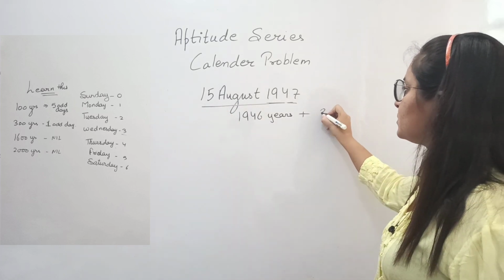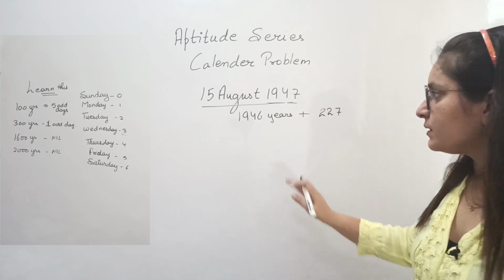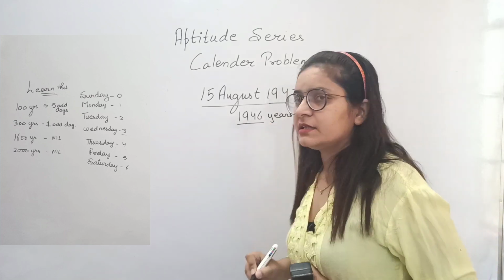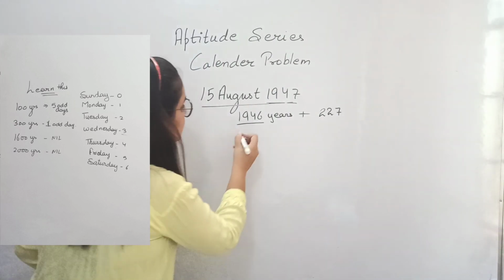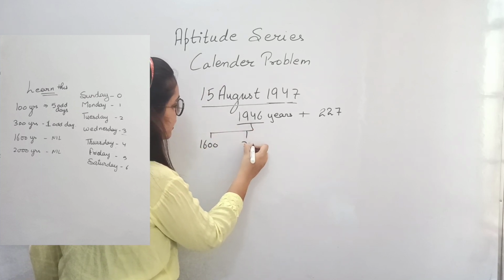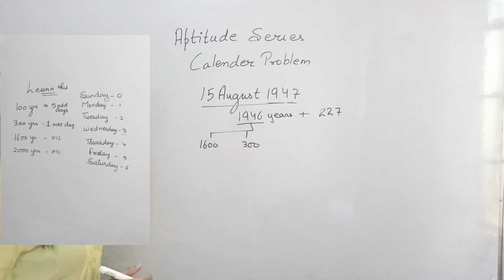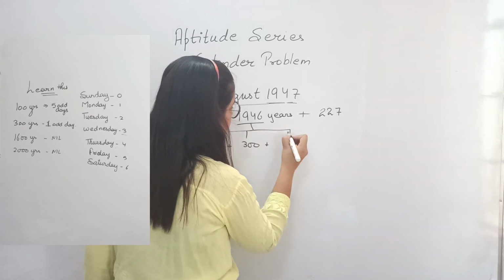The total is 227. Clear? Now I will divide this 1946 according to these numbers because I have data for these numbers. So we divided it into 1600 plus 300. This is 1900 years and 46 years.